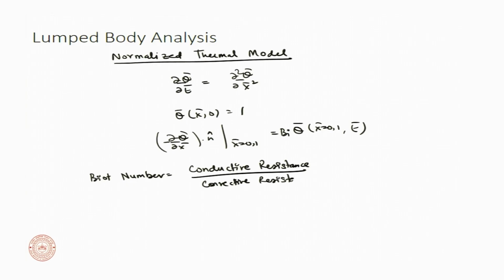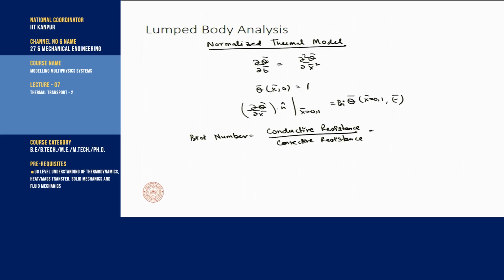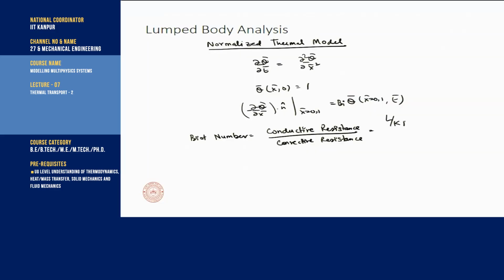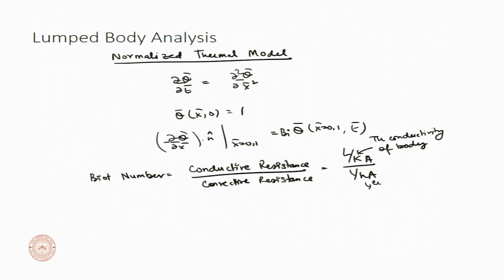So, the conductive resistance we have seen earlier in the last lecture, the equivalent conductive resistance for a system was L over Ka and convective resistance 1 over Ha, where K is the thermal conductivity of the body, H is the convective heat transfer coefficient to the surrounding.